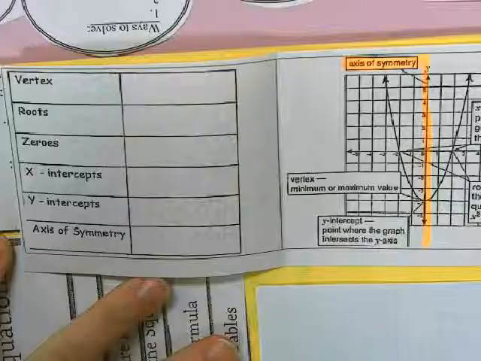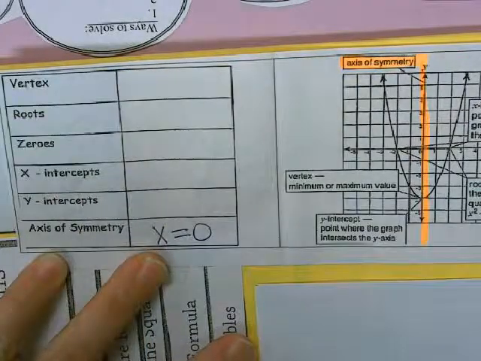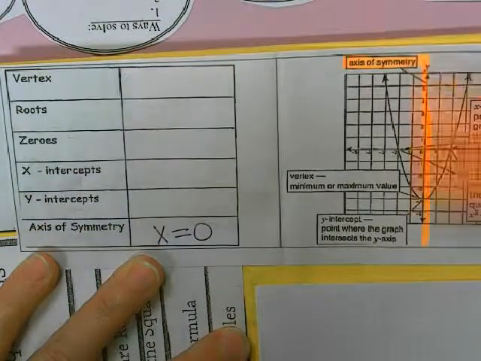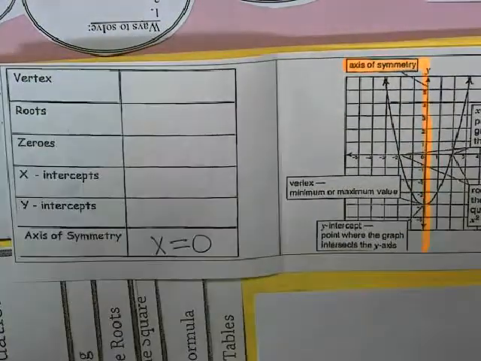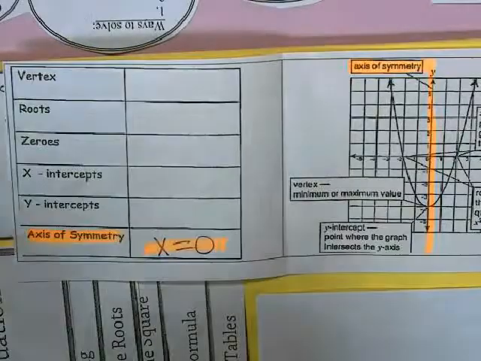This one is actually just on the y-axis. When we write our axis of symmetry, we say x equals, because it's a vertical line, and remember that's VUX, so vertical line means that I use x for my equation.